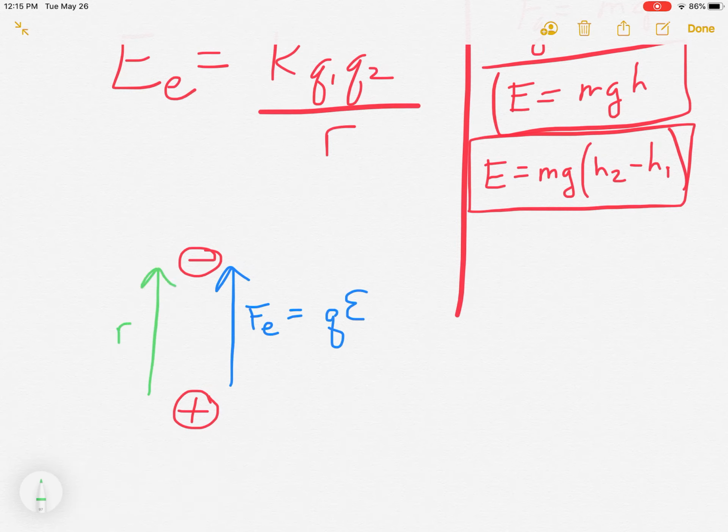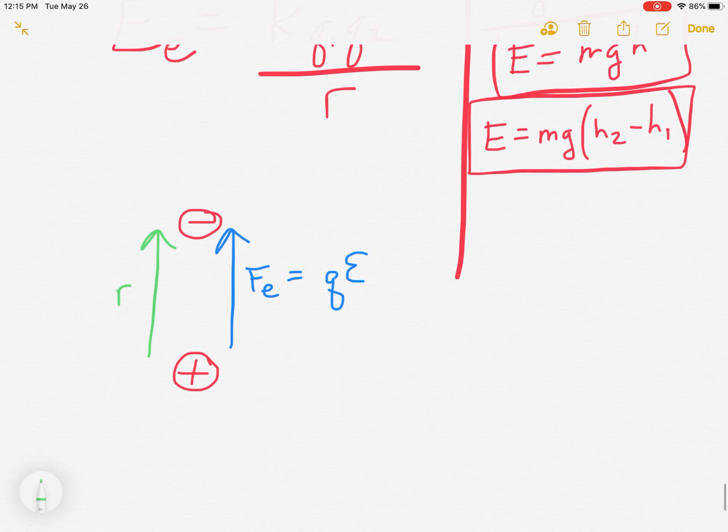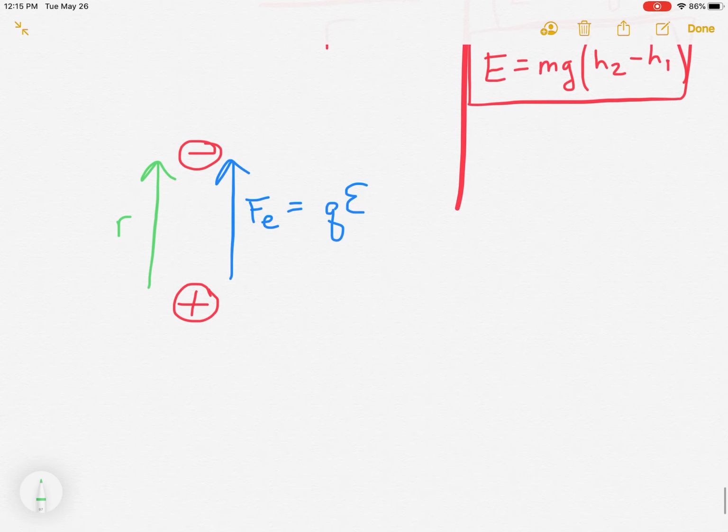Well, the distance that we're moving it is an R. We're changing the R. All right, so now, just like mgh, let's call the distance that we move it d.